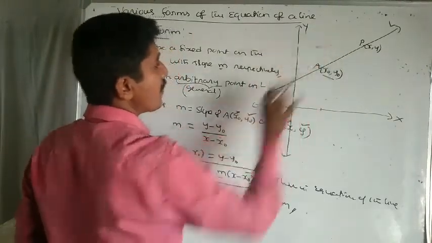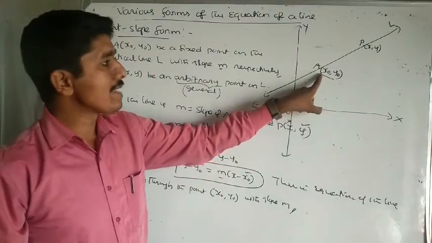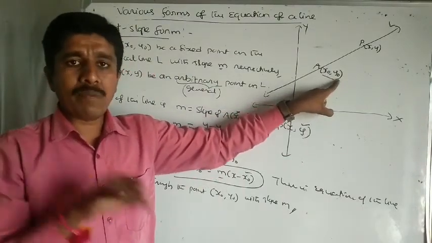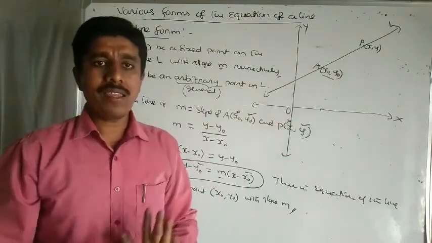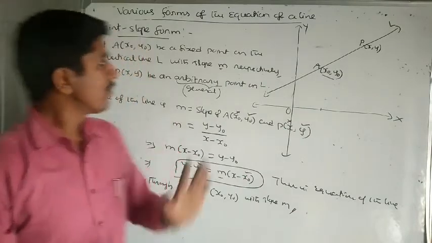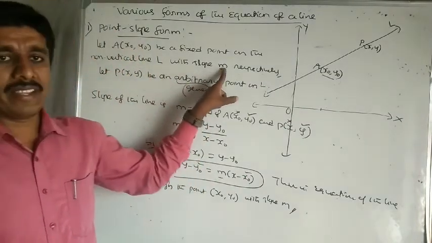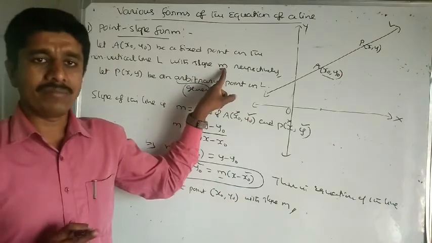Got it? Let us take x naught comma y naught, a fixed point on the non-vertical line L, and denote the slope of the line by small m.